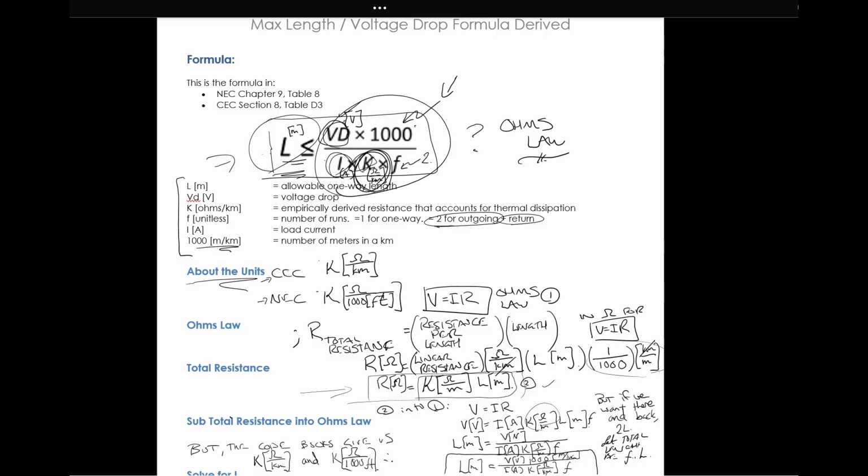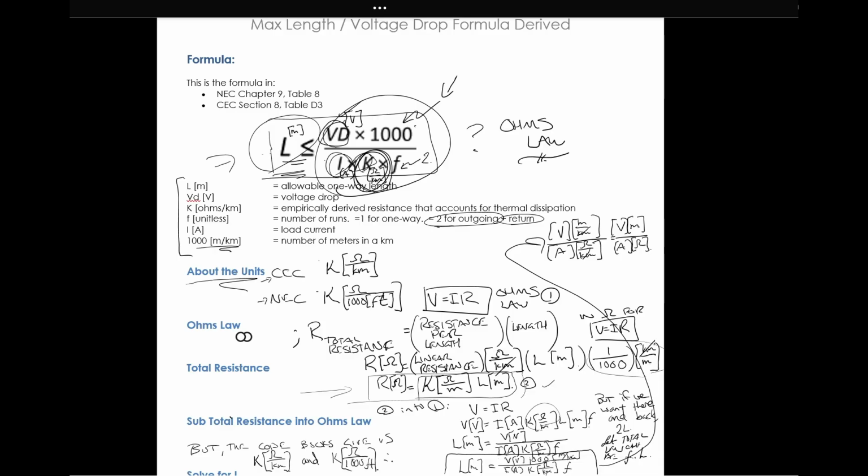And if we remember our units, you're going to ask me, is that true? How does a volt times, here, I'll do the whole thing, meters per kilometer over amps times ohms per kilometer, and of course F is unitless, so the kilometers cross out, and that equals volts times meters over amps times ohms.